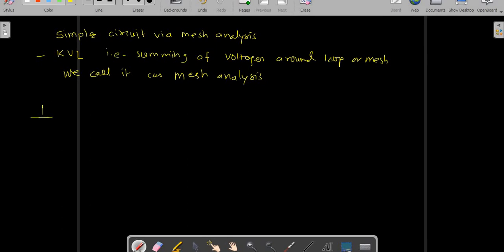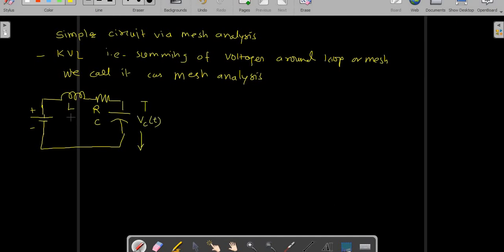Let us consider a circuit in this form: positive, negative. Then we have inductor, resistor, and we have a capacitor here. Let me write this as L, R, C, and let me indicate this voltage as Vc of t. This is I of t, V of t.